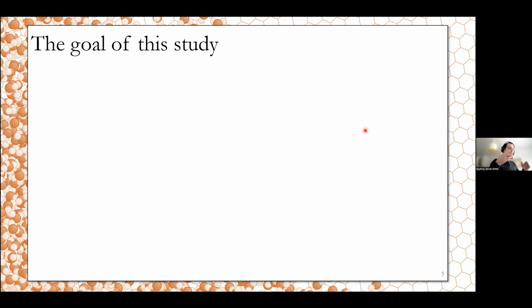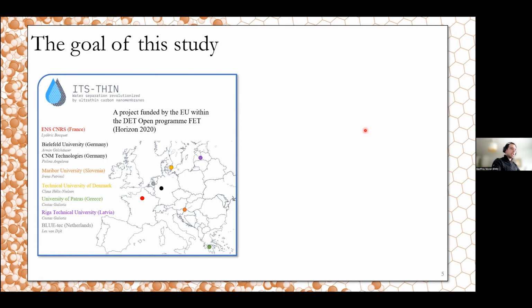Well, given this promising feature of CNM, a Future and Emerging Technologies project has been funded by Europe. This collaboration brings together several teams at European level, and most of them are working on the design and the improvement of the membrane itself.